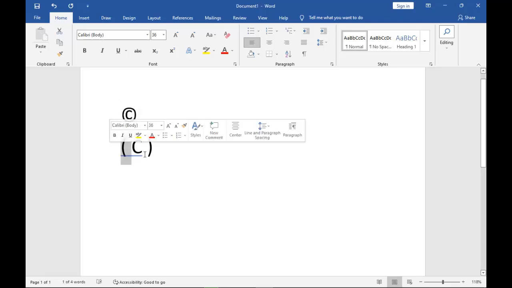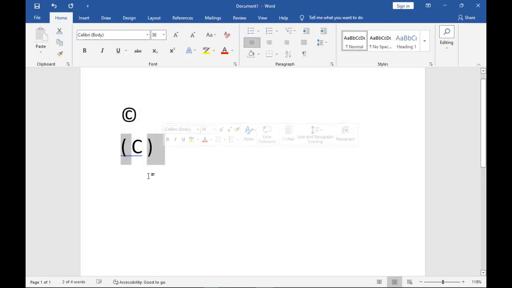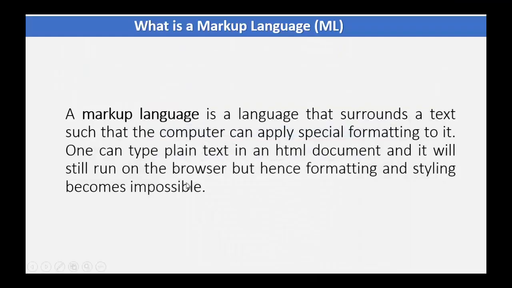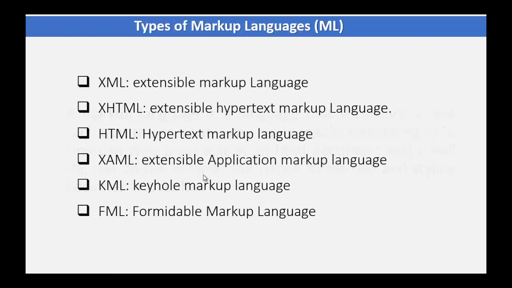So you can see these two brackets as a markup language because from the definition we say it is a language that surrounds the text. In this case, this C can be the text, and the brackets serve as a markup language, making us get a copyright symbol. So that's just by the way. So that is about a markup language.